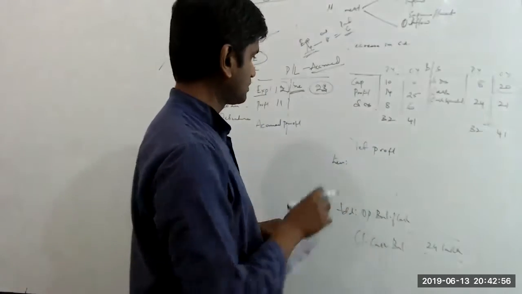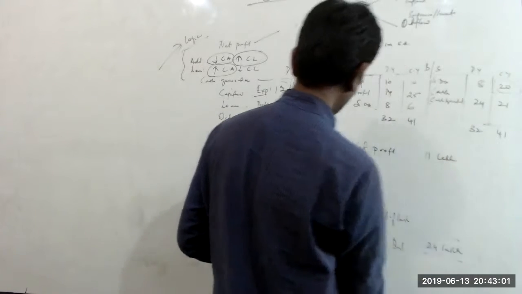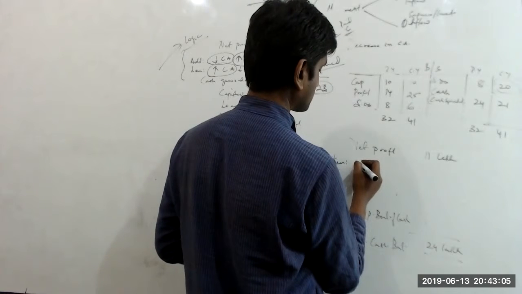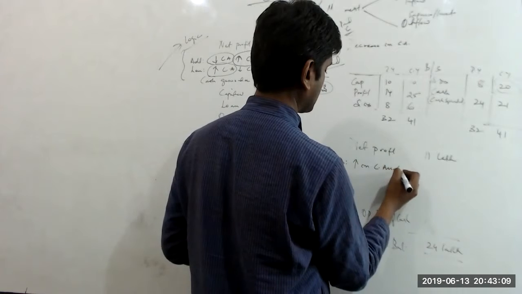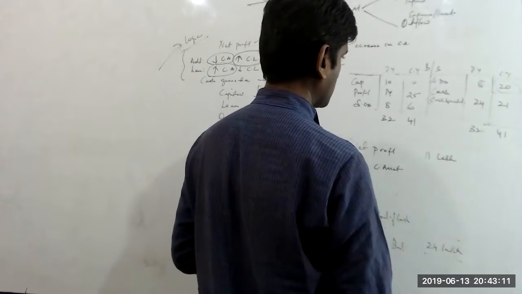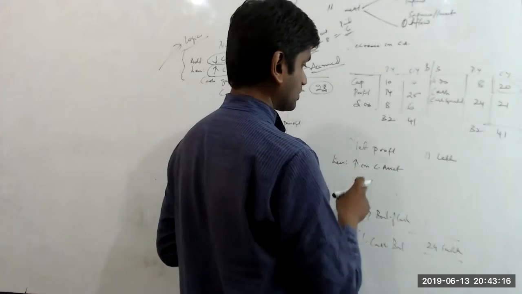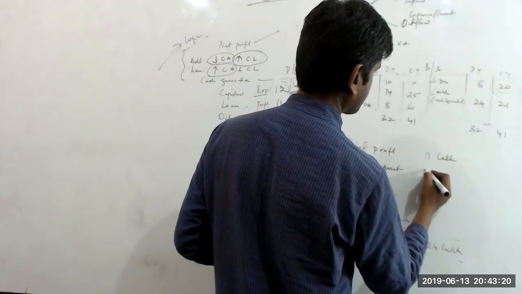So let us try this. So the net profit is 11 lakhs. I'm going to reduce the increase in current asset. Increase in current asset means there is no cash inflow because it is all parked in sundry debtors, and that is why there is an increase. So what is the increase in current asset? The increase in current asset is 12 lakhs, right?